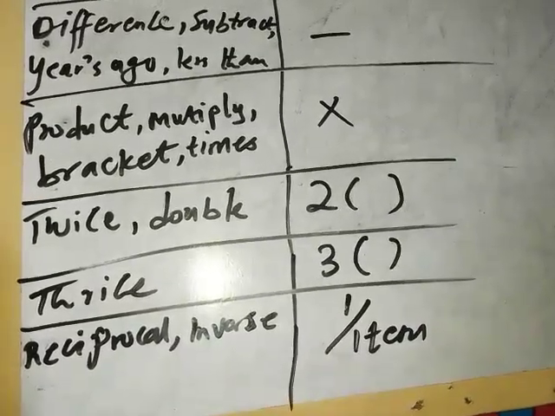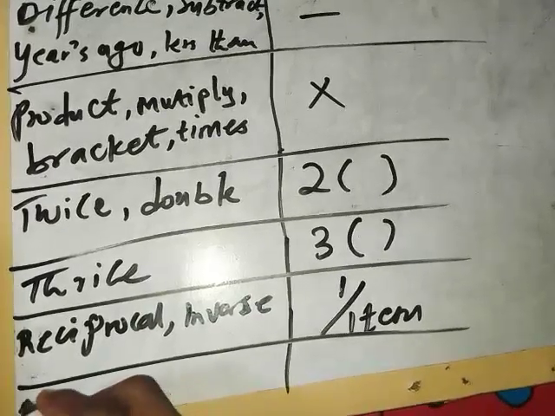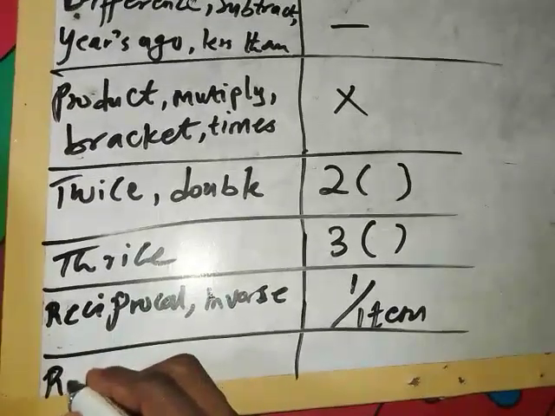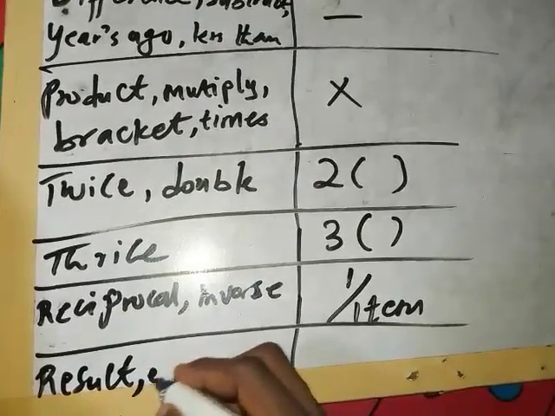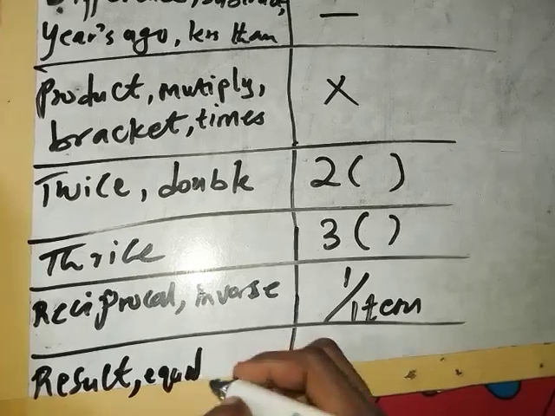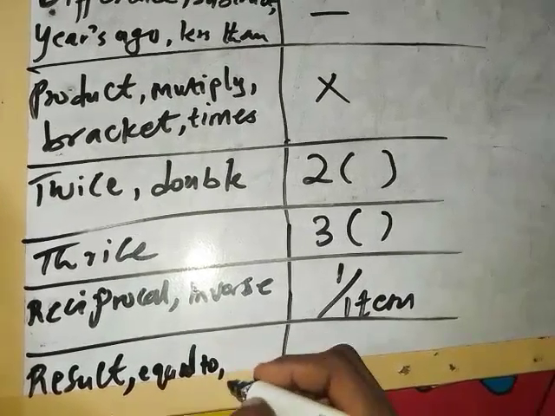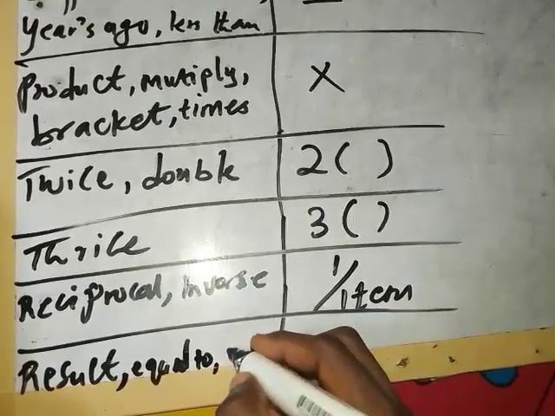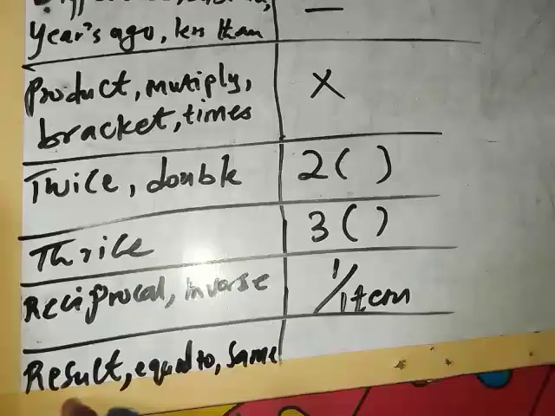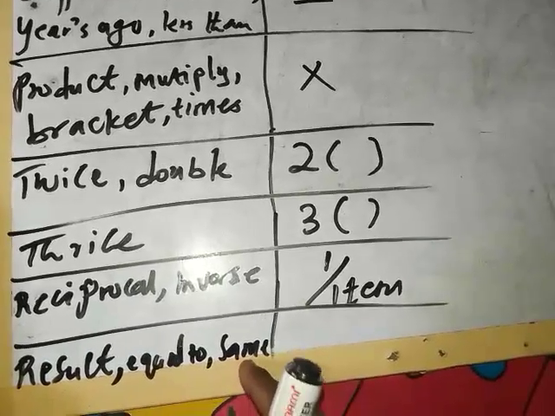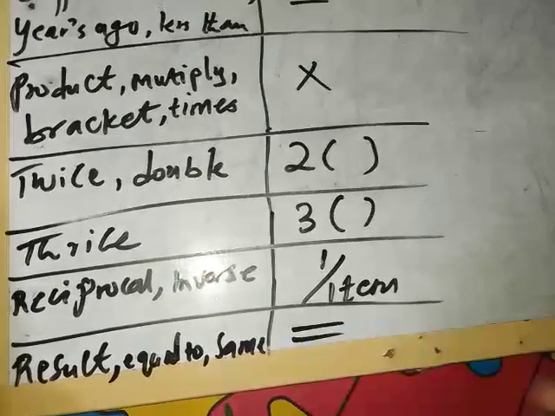Are you there? Now when you see something like result, or something like equal, equal to, and the same, it means that you should write equal.